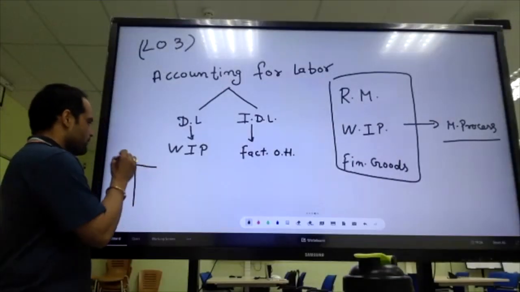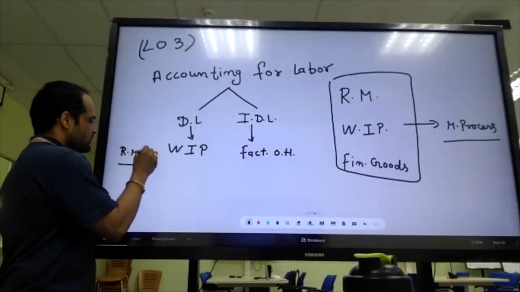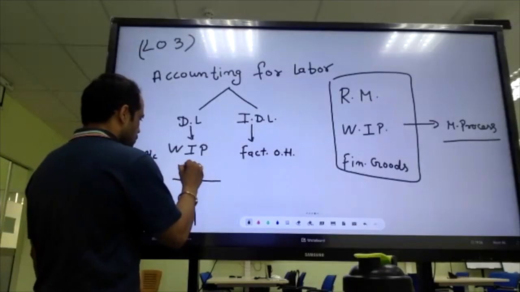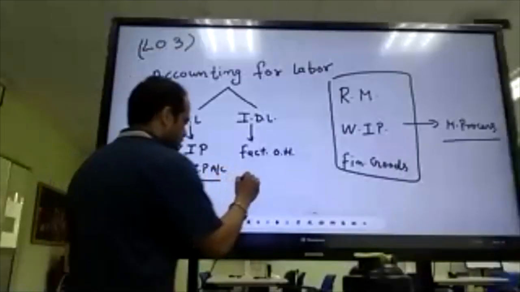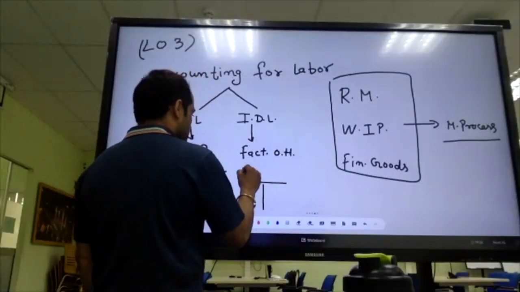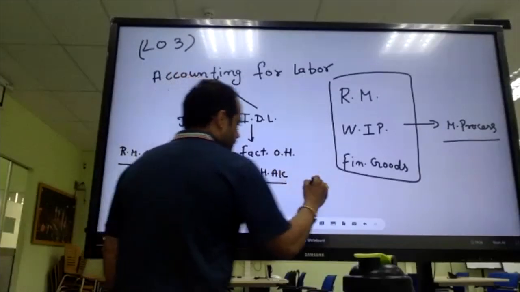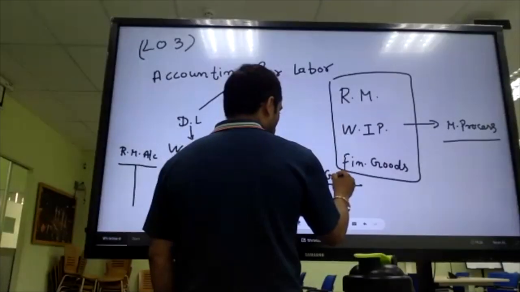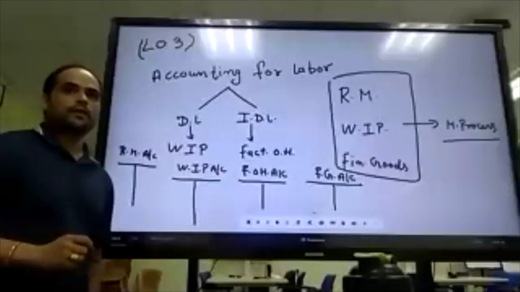So we have raw material accounts. We have work in process accounts. We have factory overhead accounts, and we have finished goods accounts. All right.